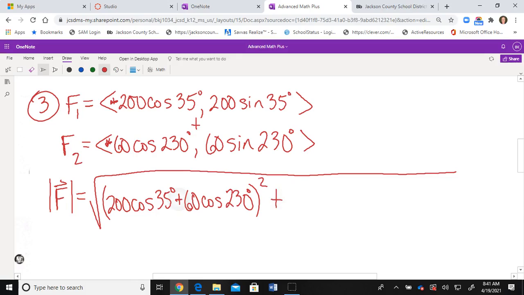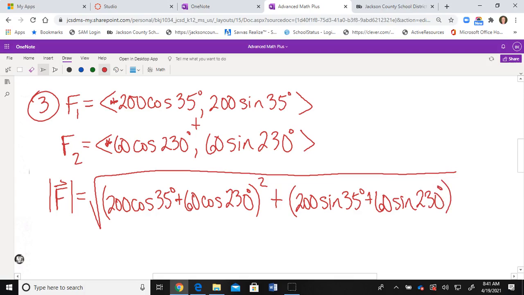Remember, it's just like the Pythagorean theorem, or the distance formula. Plus 200 sine of 35 degrees plus 60 sine of 230 degrees.